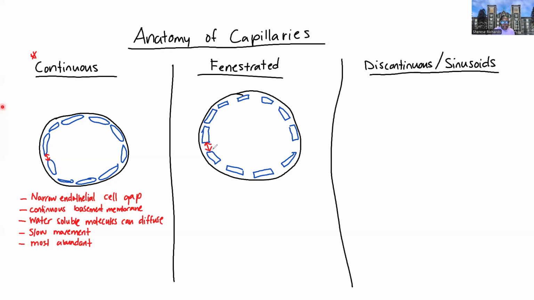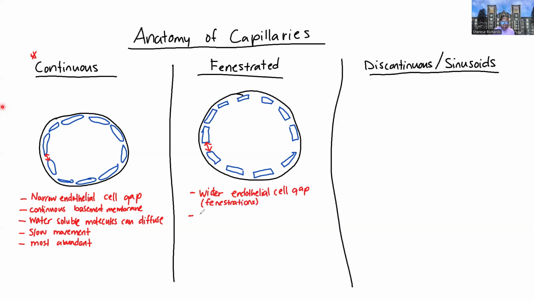So because we have a larger endothelial cell gap here, it's going to be the first feature, wider endothelial cell gap. We also, and we can refer to these as fenestrations. Okay.